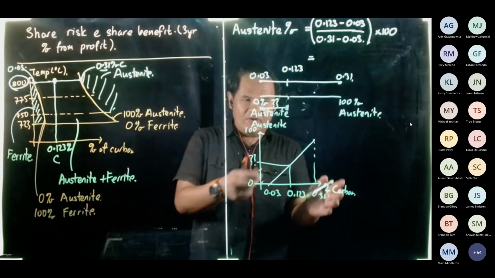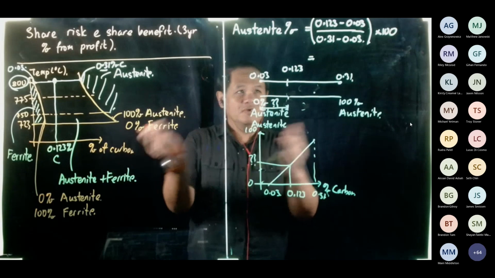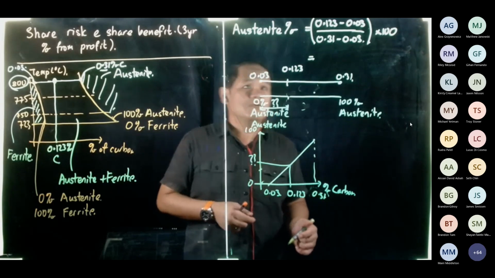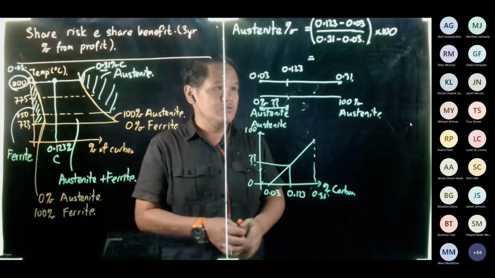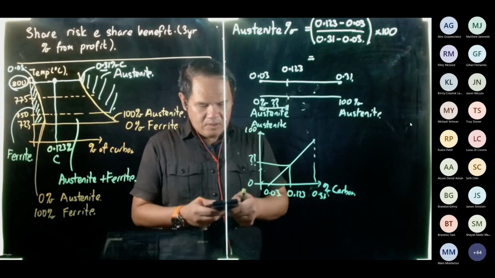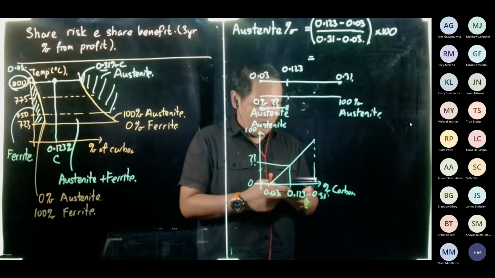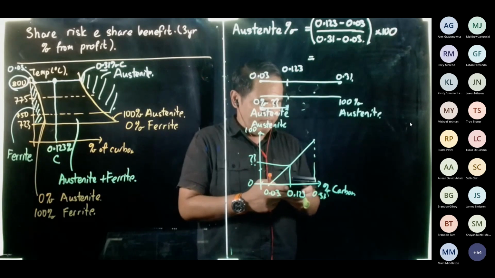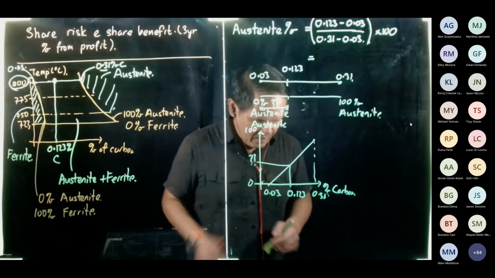Mathematically, if you have percentage of carbon and austenite, translated, you get the same thing. But it's linear, so you can apply what we call Lever's rule. I thought you could not see those numbers. So then, 0.123 minus 0.03 over 0.31 minus 0.03. So it's 33.2.